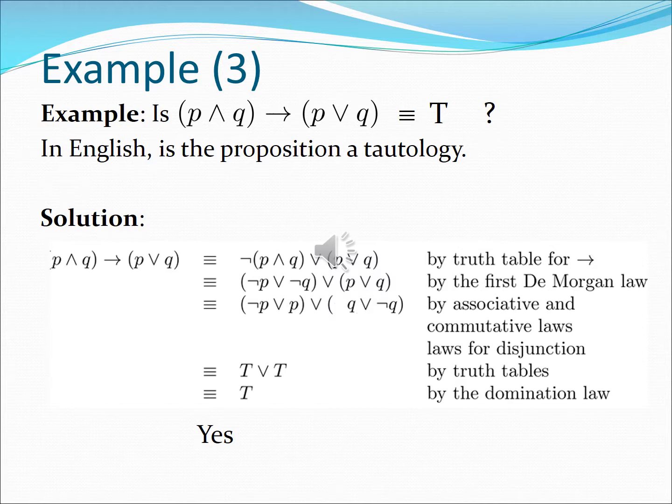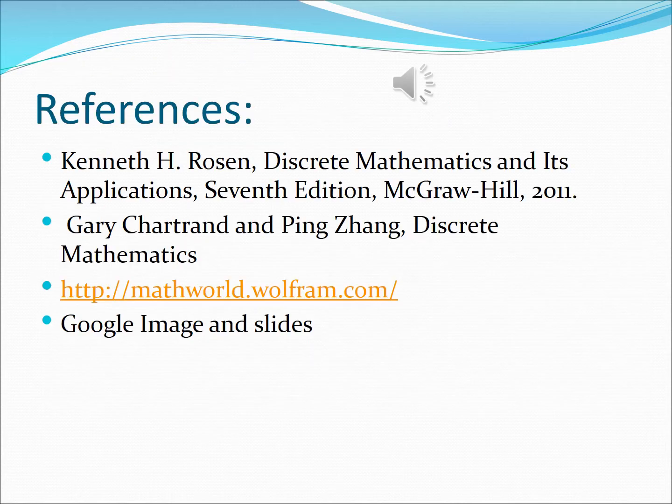Then by associative and commutative laws, we can reduce the statement to true or true. True or true is always true. Lastly, we can see our references.